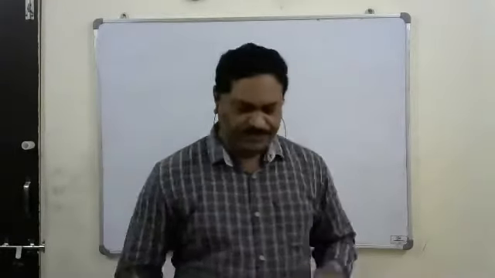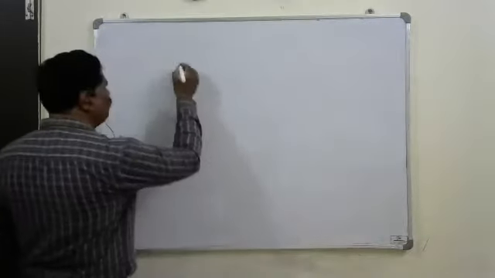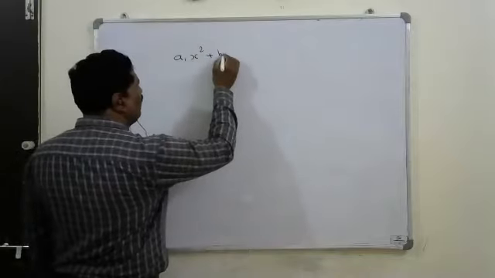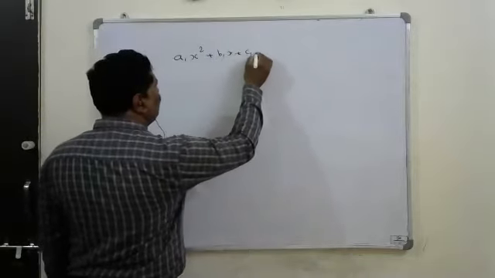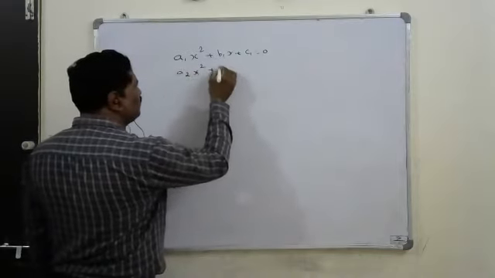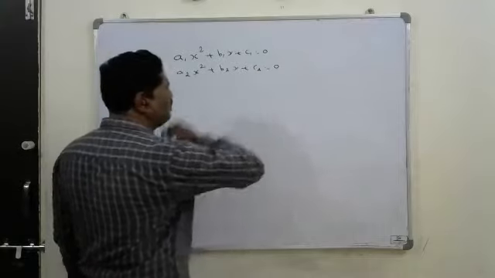That is the condition. Suppose they have exactly one root in common, say a1x square plus b1x plus c1 is equal to 0 and a2x square plus b2x plus c2 is equal to 0 are the two quadratic equations.